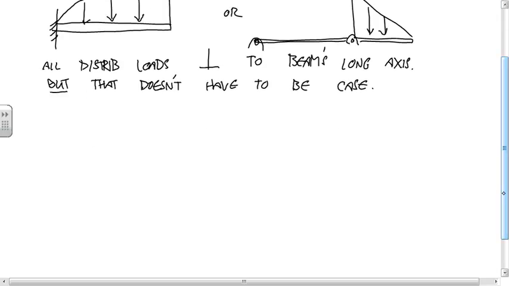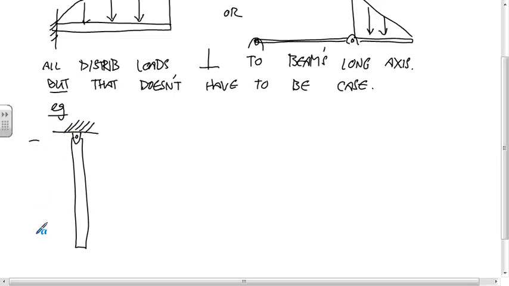So for example, consider something like this, where you have a bar just hanging from a pin joint. Let's say that this is 1.5 meters long, and let's say that the weight is 6,000 newtons.